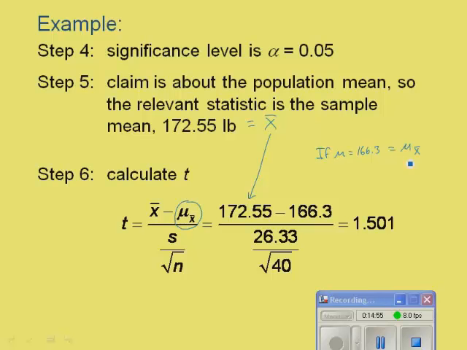Because this is the mean of all possible samples. So that's what's going to go here. Is everything else clear as far as where they got it from? What's S? Uh-oh. What's S? Do you guys know? No, I mean, what does it stand for? Okay, standard deviation of the sample.